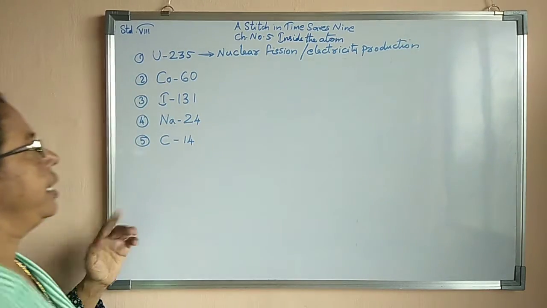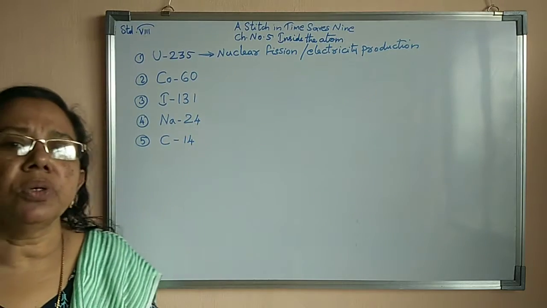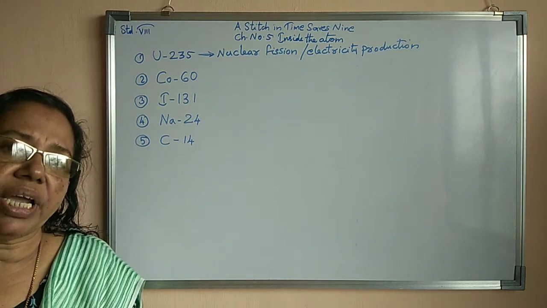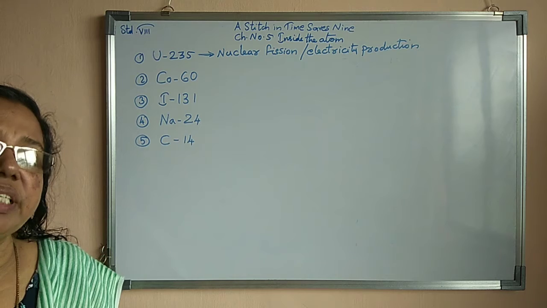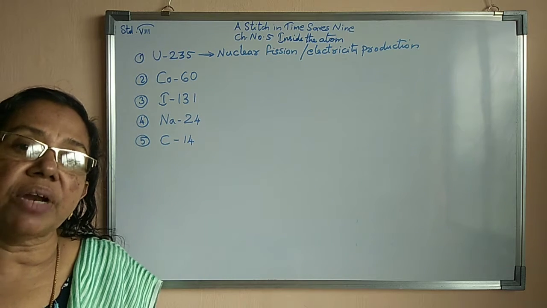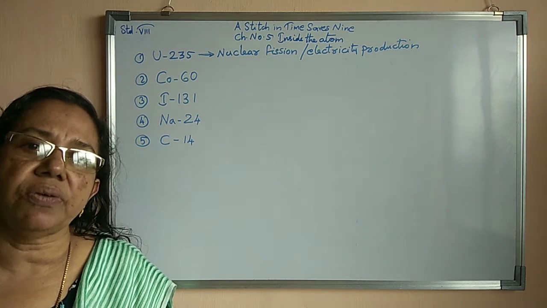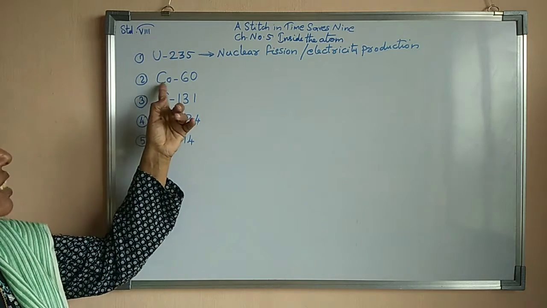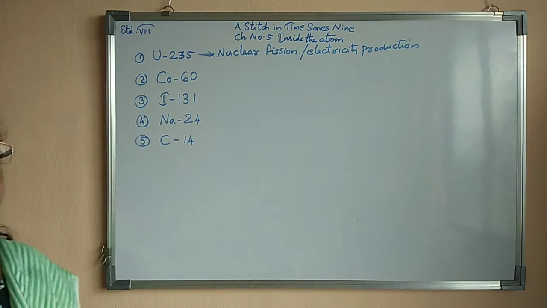So uranium 235 is a radioactive isotope which is useful for nuclear fission as well as production of electricity. Next one, cobalt 60.